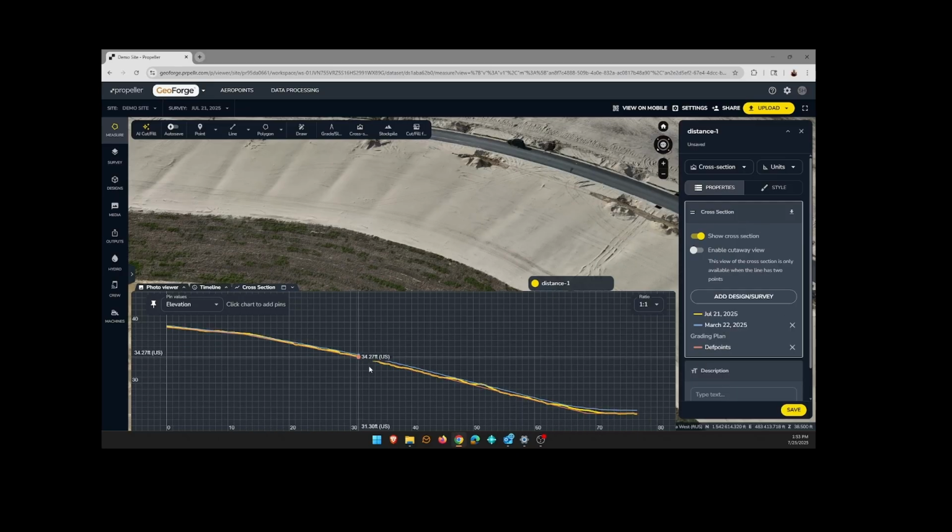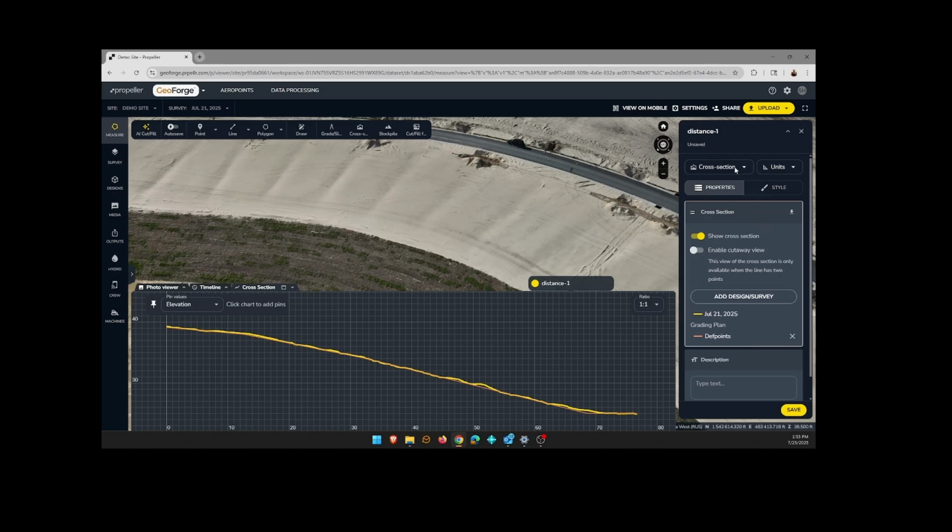We can see that this is a great match. The grading plan says this is what the slope should be, as defined by the orange line. In March, it was the blue line, and here in July, it's the yellow line. So we can compare those three. We can take one off, but now we're comparing the grading plan to that slope, and that's with the cross section.